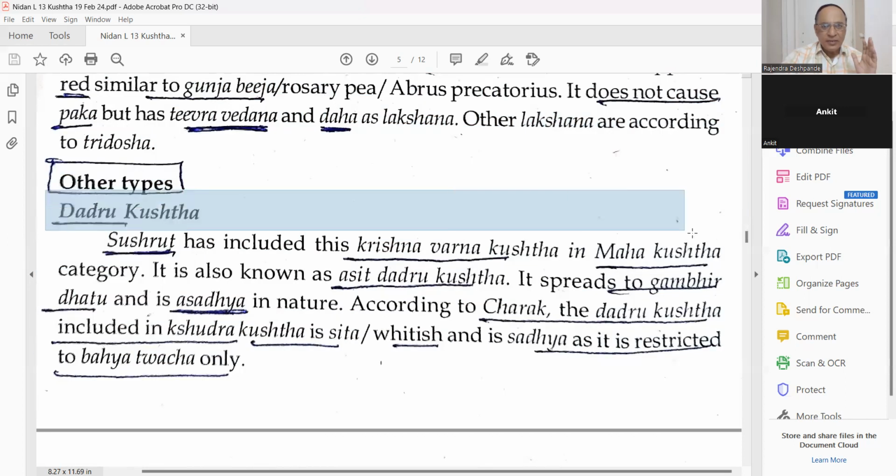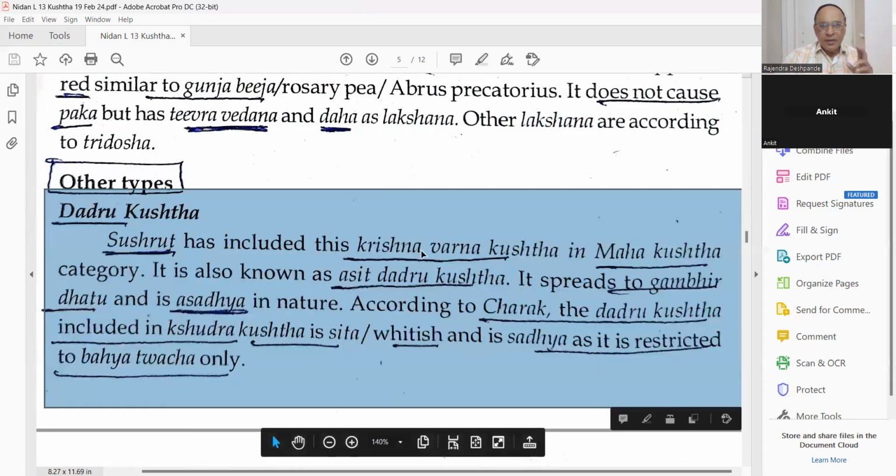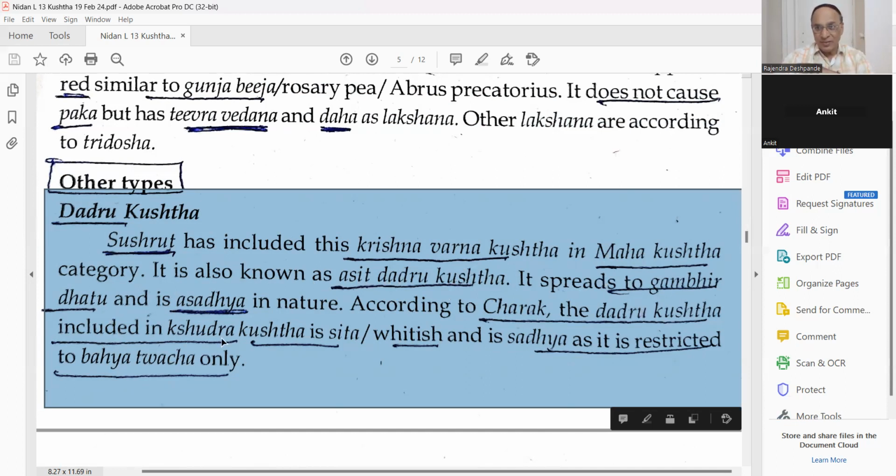Just give me a few minutes. Sushruta included it in the Krishna Varna Kushtha and Mahakushtha category. It is also known as Asita Dadru Kushtha. It spreads to Gambhira Dhatu, that means Asthi, Majja, Shukra, and is Asadhya in nature. Dadru is Asadhya. According to Charak, Dadru Kushtha is included in Kshudra Kushtha. You see the difference.